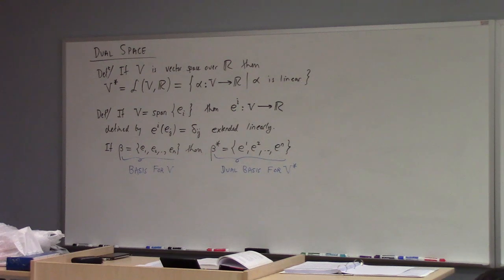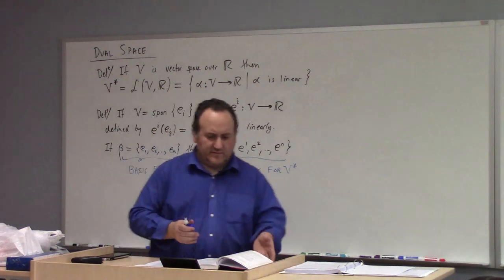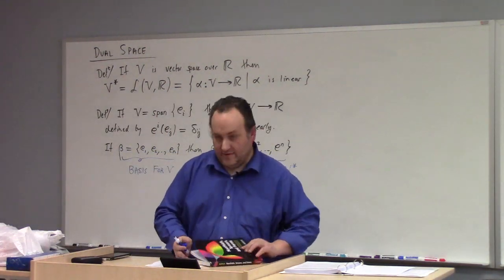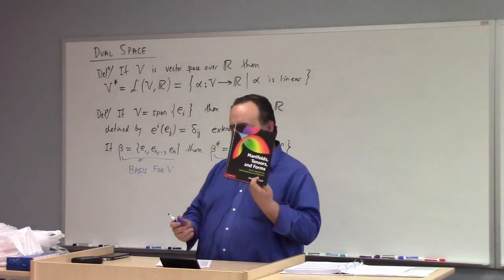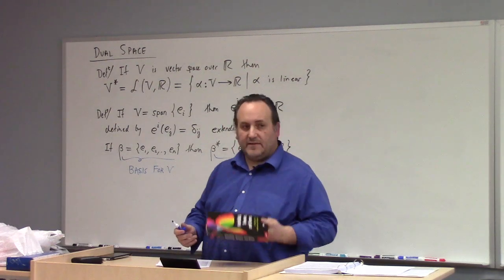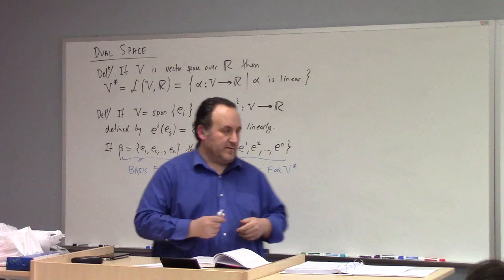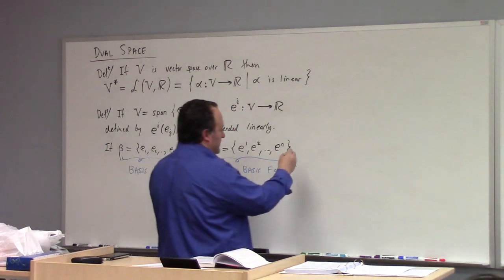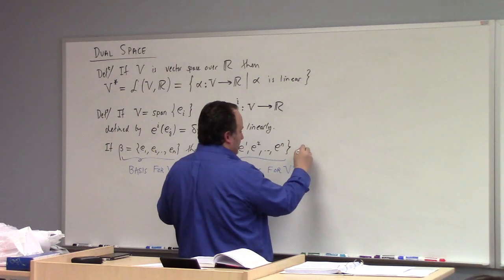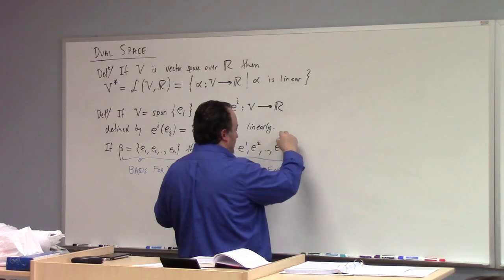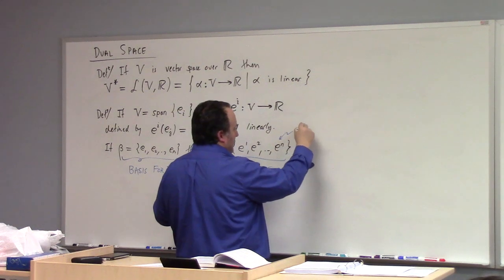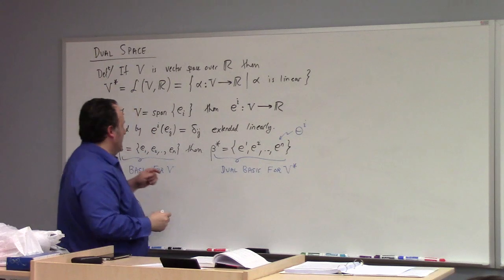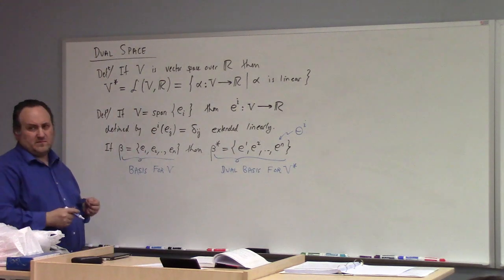I should mention that in Paul Renteln's book, he uses theta upper i for these, and I think he uses E lower i for those.